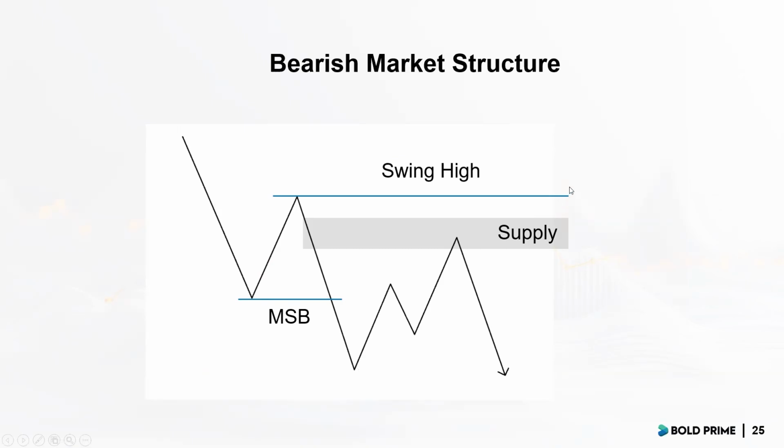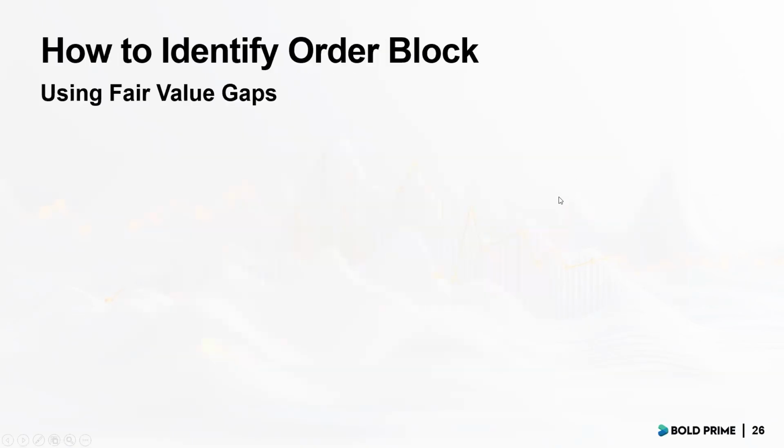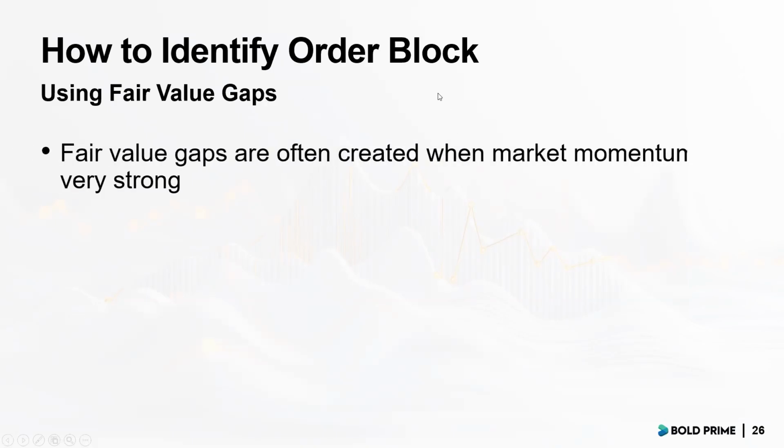Now, how do we establish our order block? The first thing here is to understand fair value gaps, or in short, FVG. Fair value gaps are often created when the market momentum is very strong. This is pretty similar to the principle of the impulse leg. When the market creates an impulsive move, it means it's strong in momentum, and often that will have a fair value gap within it.